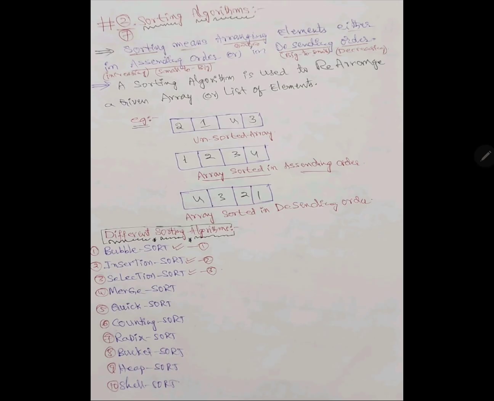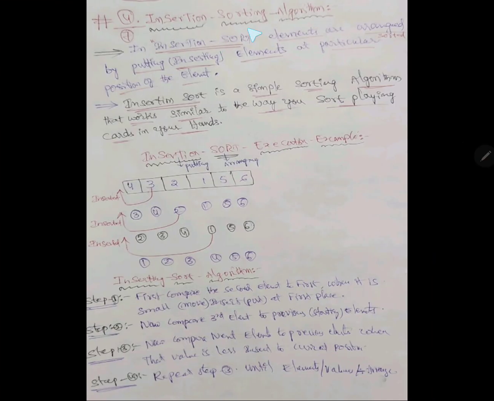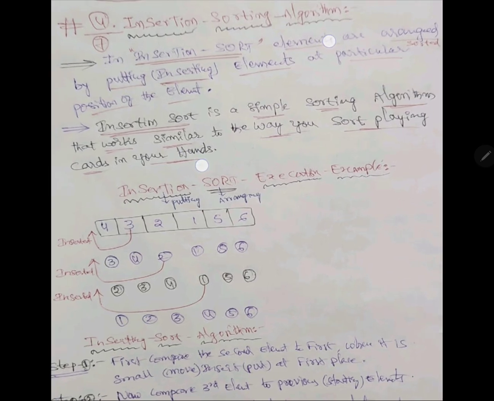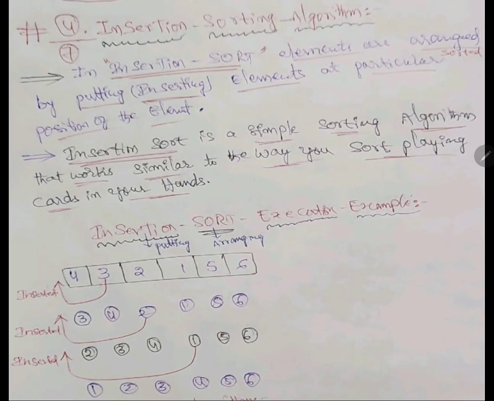Very simple. So here the theory is the insertion sort algorithm. Inserting the elements, that's it. Bubble sorting means bubbling the elements and checking, comparing side by side values and arranging. Selection sort means we select a small number out of all numbers.